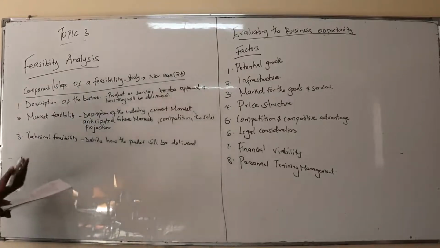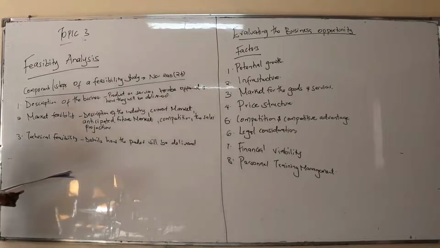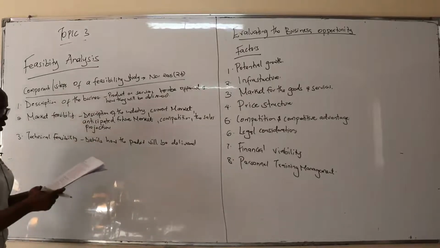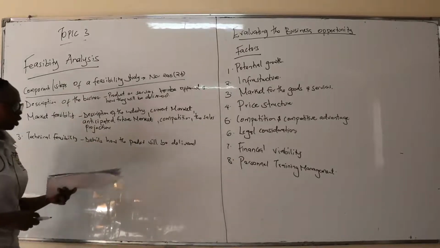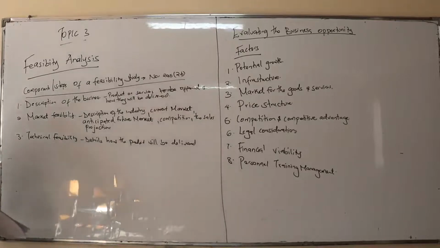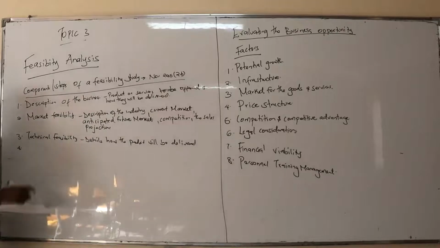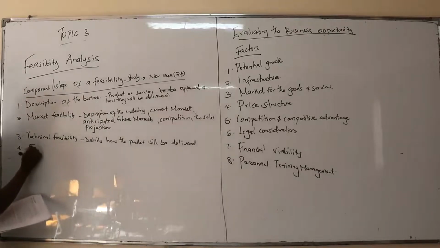That is in terms of all the transportation, the labor, where the business will be located, the technology which will be needed, among others. Another one also is about the financial feasibility.